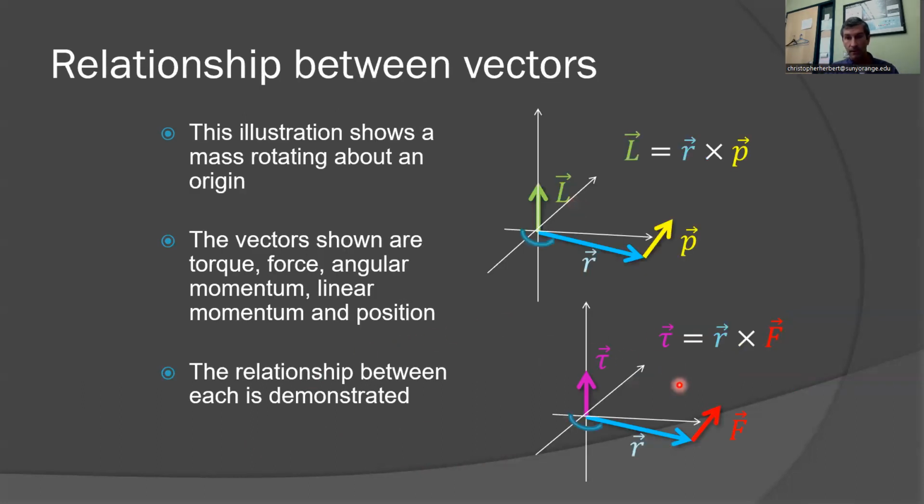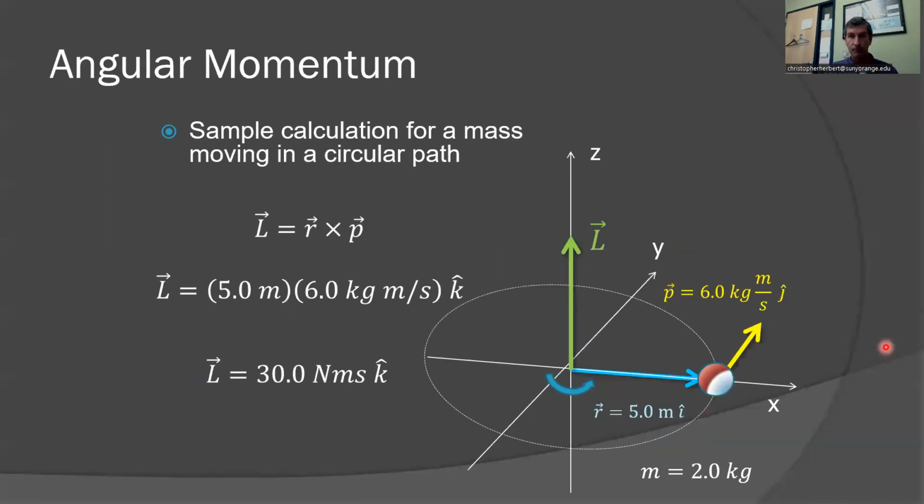Here are the two equations, and looking at the vectors, we have L is r cross p. It allows us to bridge the connection between our linear momentum and our angular momentum, just with this position vector. And of course, we have torque is equal to r cross F. You can see the symmetry between the two equations there.